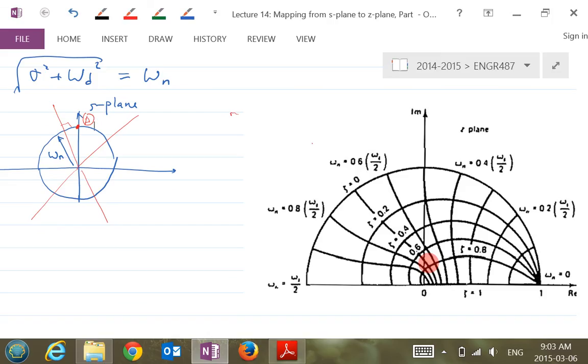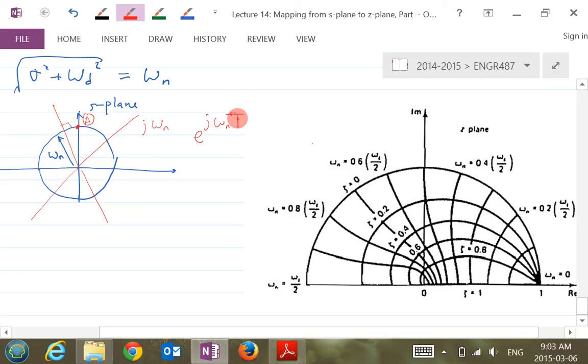What's the coordinate of A? The radius of the circle is omega n, so A is on the j omega axis. A is at j omega n. Then after the mapping, it's going to end up at j omega n times capital T.